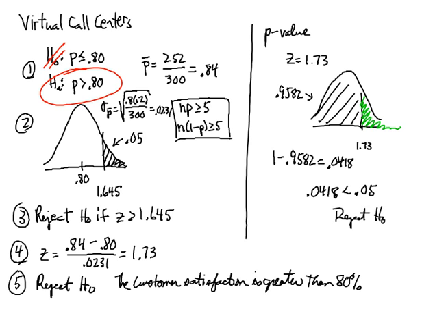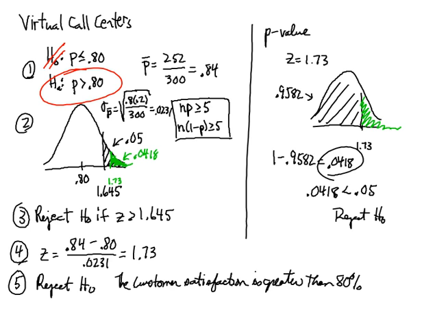So running the test with a test statistic compared to a critical value, which we did first, or running it with a p-value will yield the same result. Now, notice that 1.73, I'm going to go back over here to step 2, that 1.73 z-value, the p-value is actually the area under the curve above that, and that is my 0.0418.